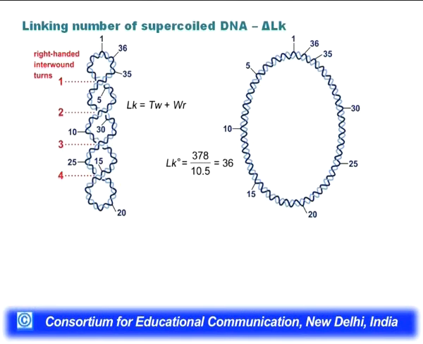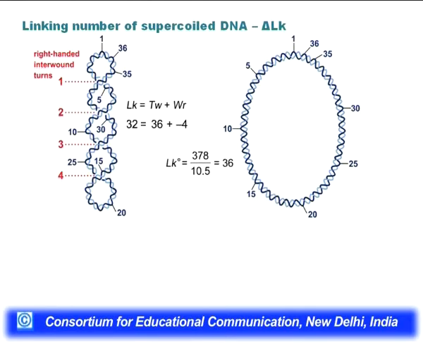This is the linking number of supercoiled DNA. If you look at this figure, in a relaxed DNA we have now introduced writhes. The relaxed DNA is on the left-hand side, and if you see, there are 1, 2, 3 and 4 writhes introduced into it. So, this is a supercoiled DNA. Right-handed interwound turns have been introduced. Now, we know that the theoretical LK naught of the relaxed DNA was 36.